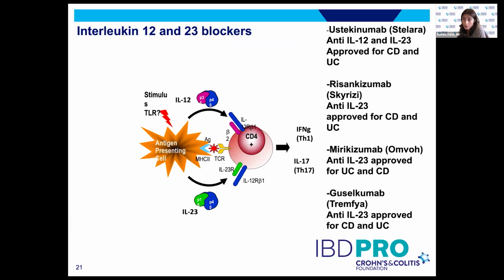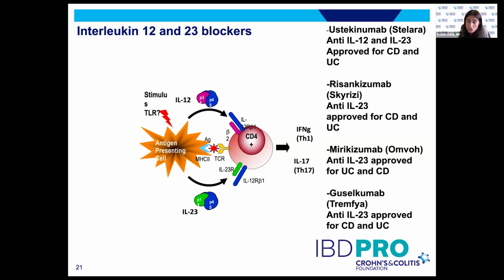Interleukin 12 and 23 blockers. So we have had an IL-12/23 blocker called ustekinumab or Stelara for Crohn's and ulcerative colitis for a number of years. In the past few years, we've gotten the IL-23 specific medications. So risankizumab or Skyrizi has been approved for Crohn's and ulcerative colitis. Mirikizumab or Omvoh is approved for both, and guselkumab or Tremfya is approved for both.